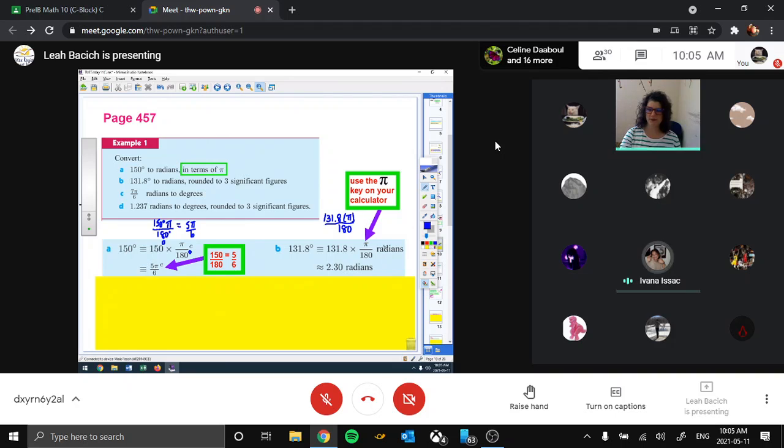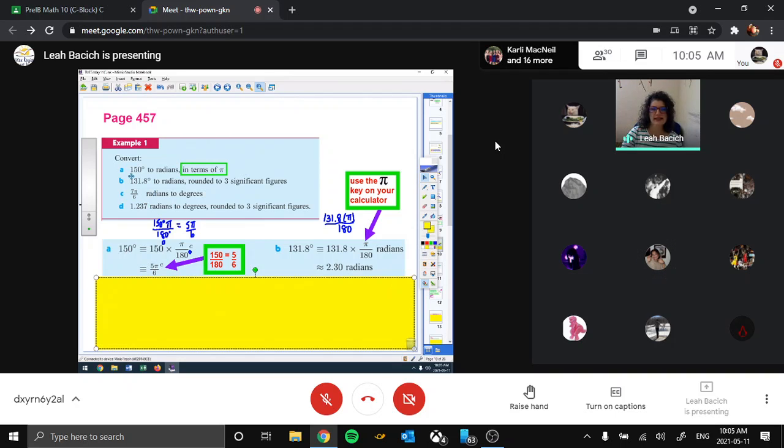Okay, can I just use 3.14 then? Sure. So 131.8 times 3.14, get your answer, and then divide that by 180. 2.29917. So we're getting 0.30? Yeah. Perfect. So 3 significant figures. 1, 2, 3, we're good to go.